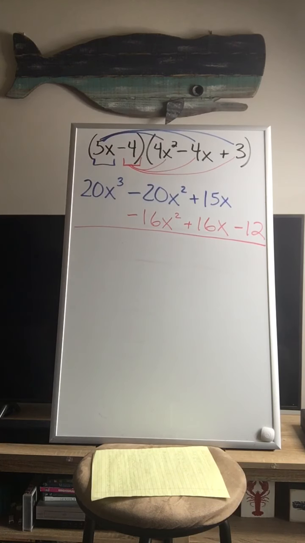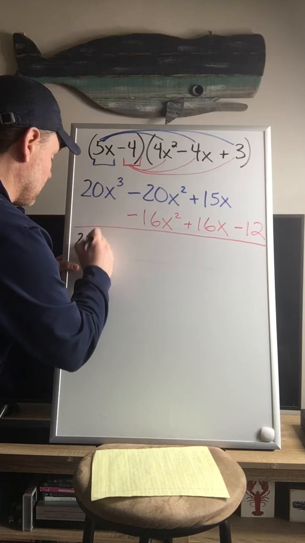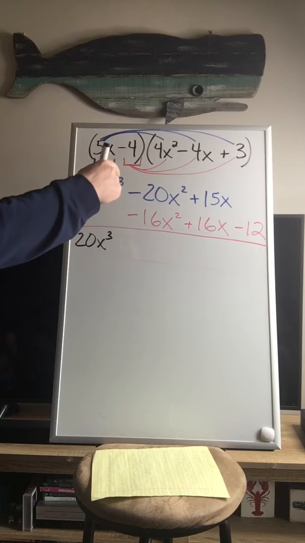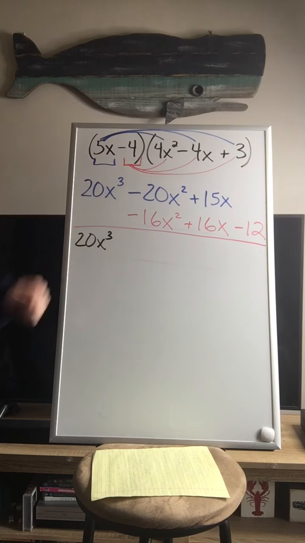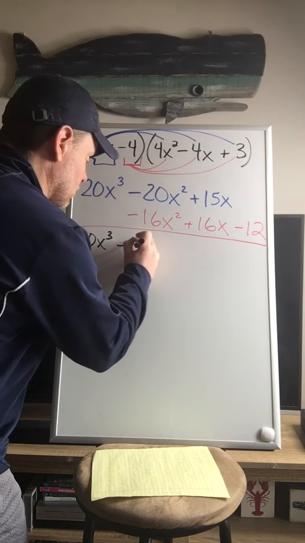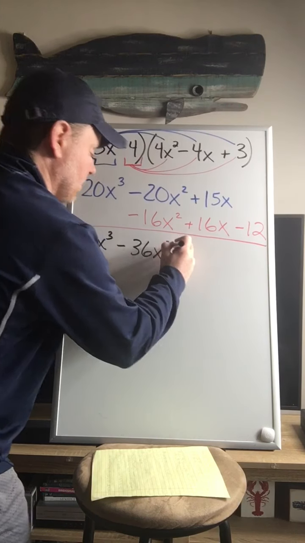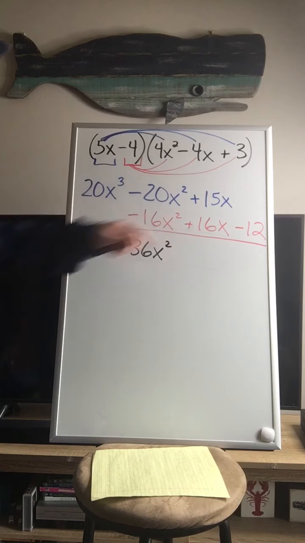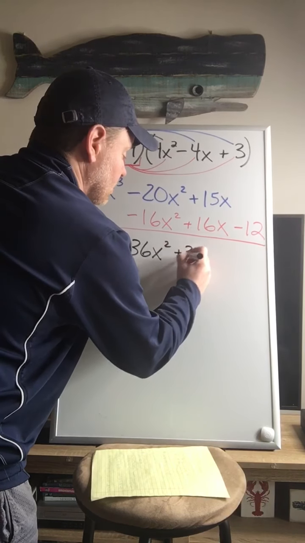And then we're just going to combine the like terms. So we distributed the 5x, we distributed the minus 4, and now after we combine the like terms, you have 20x to the third, which doesn't have anything to combine with, but minus 20x squared minus 16x squared is going to make minus 36x squared. 15x plus 16x will make 31x.